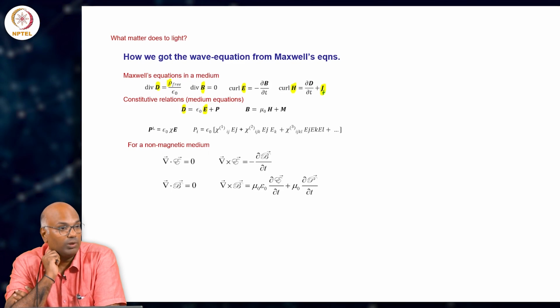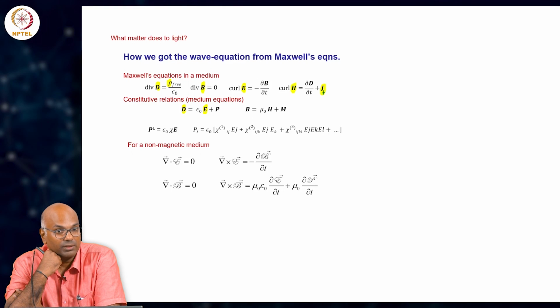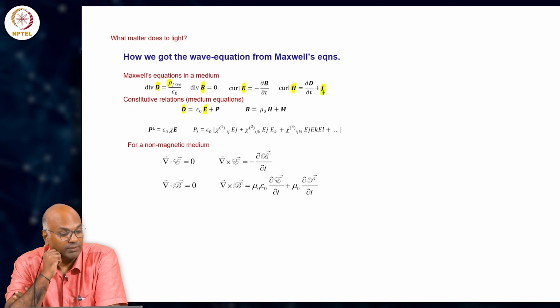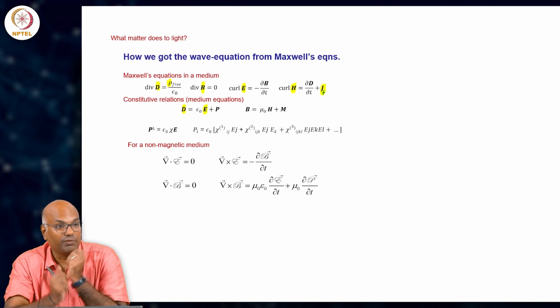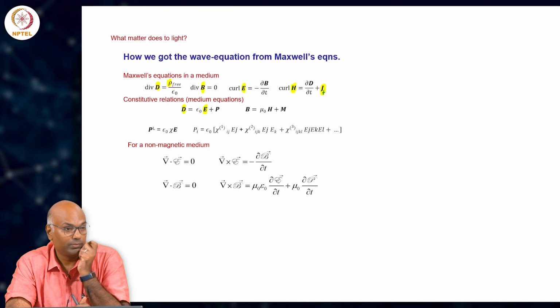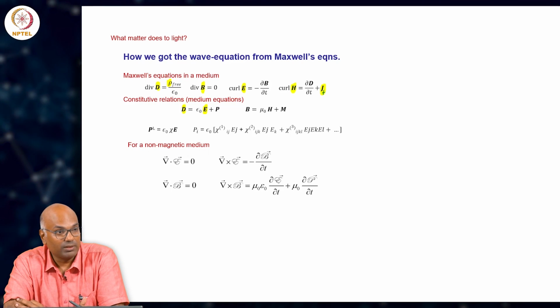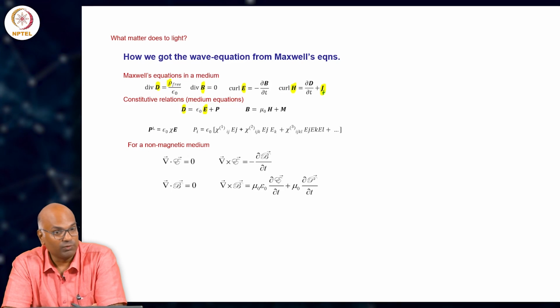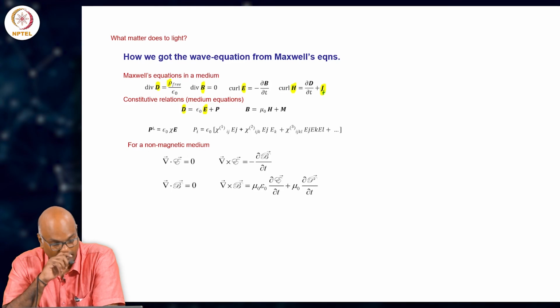So, we should know what the free sources are for solving these equations, but is that sufficient? Suppose I did not have any free sources, rho free and J free are 0. What if that is the case, do I have all the information just written in these 4 Maxwell's equations to solve them?